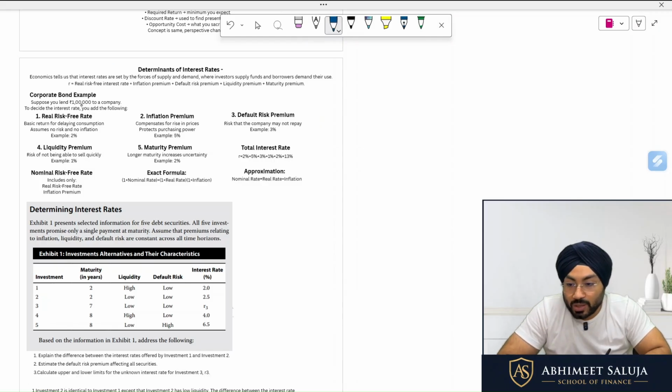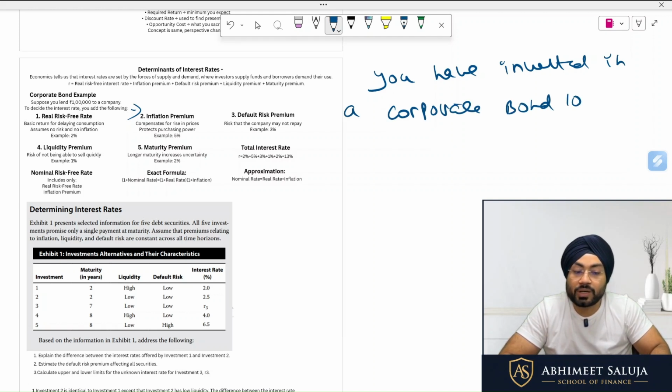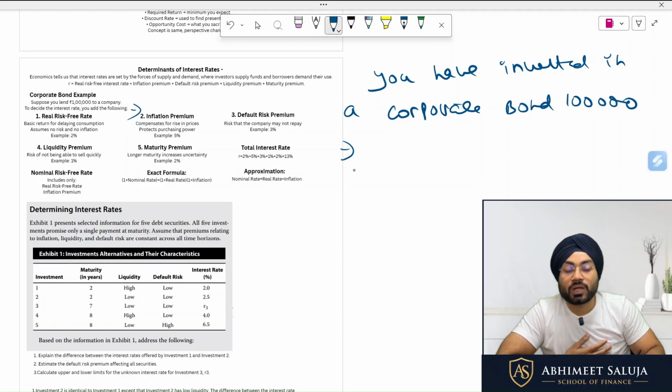Suppose you lend 100,000 to a company. Suppose now you have invested in a corporate bond of 100,000, and now you are deciding what interest rate the company should give me, because you have lent the money, $100,000.